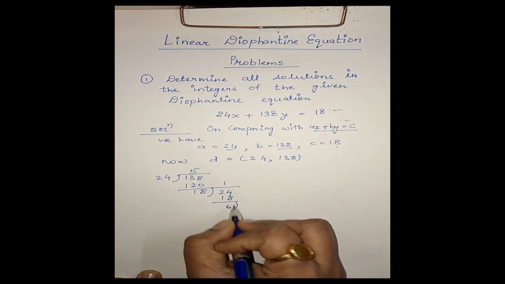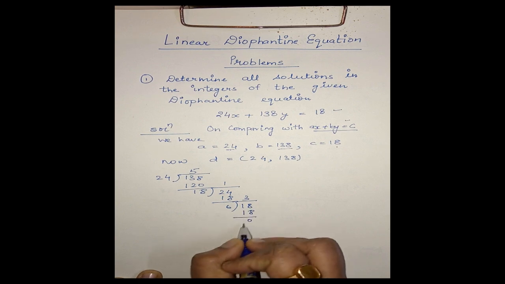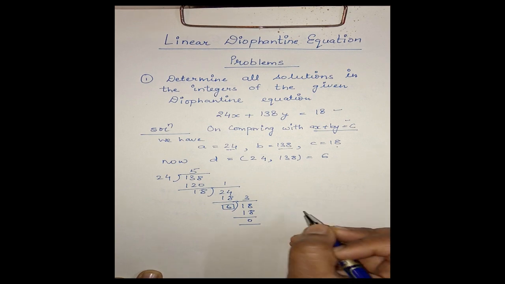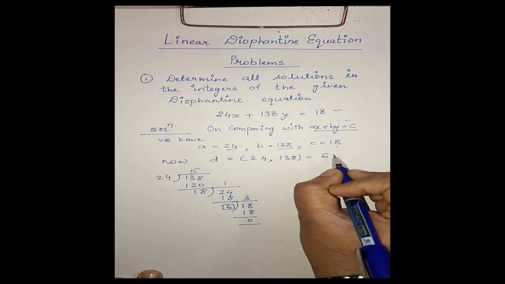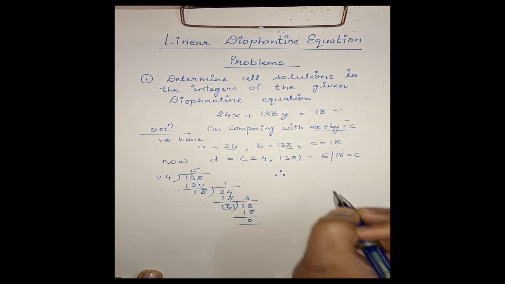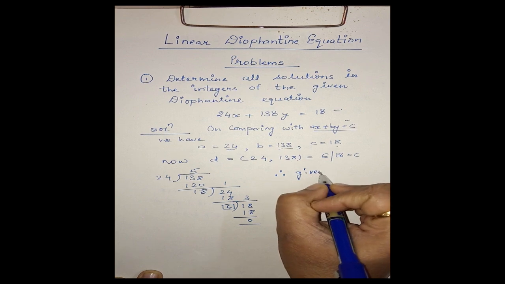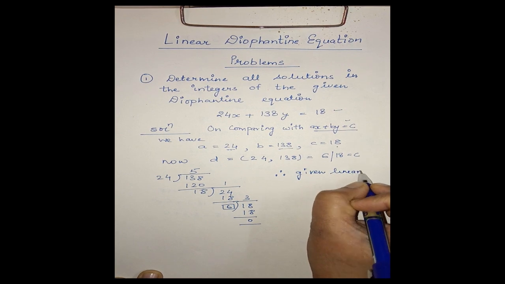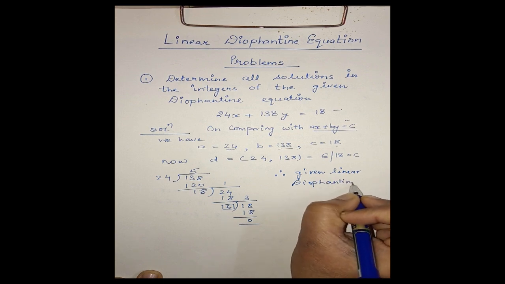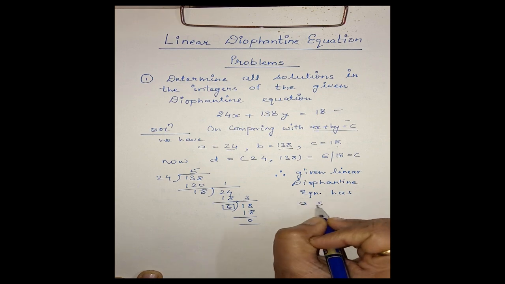Here we take 1, then 18 here, and the remainder is 6. Then 18 divided by 6, 6 threes are 18, remainder is 0. Therefore, 6 is the GCD of 24 and 138. And clearly 6 divides 18, which is c. Therefore, by the theorem, the given linear Diophantine equation has a solution. Clear?